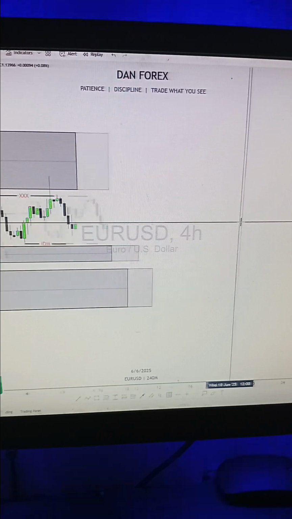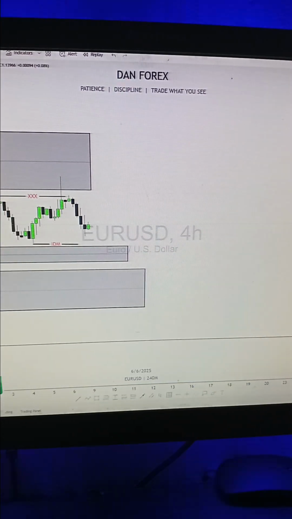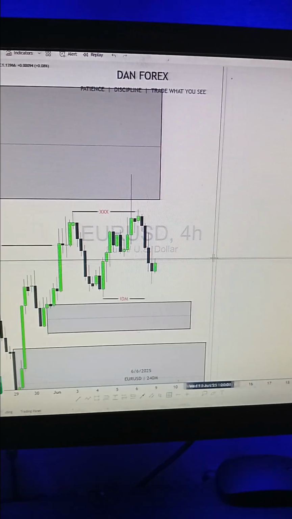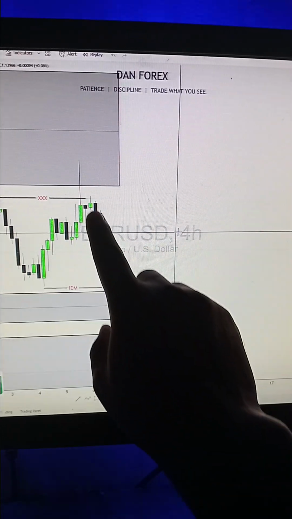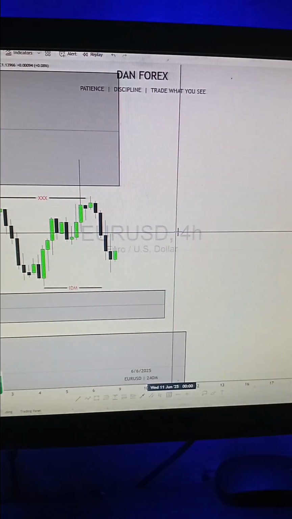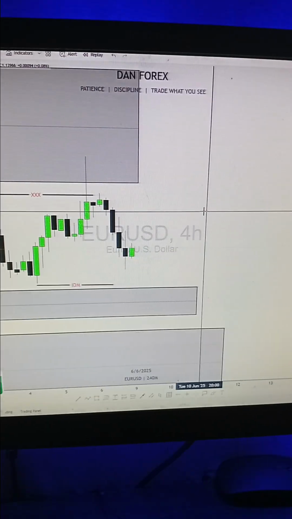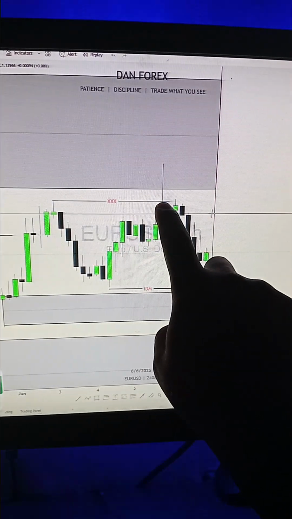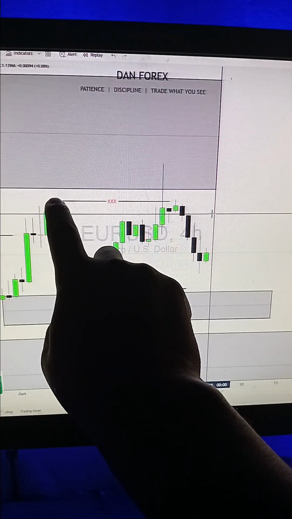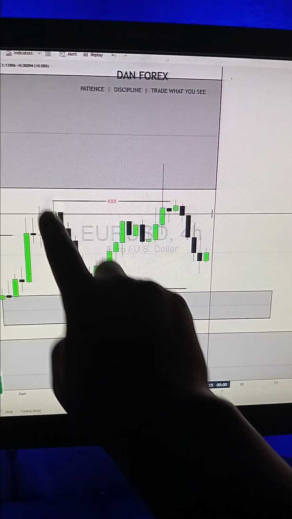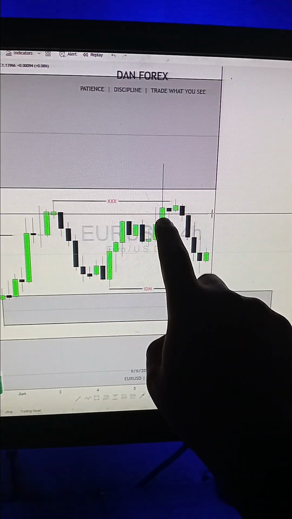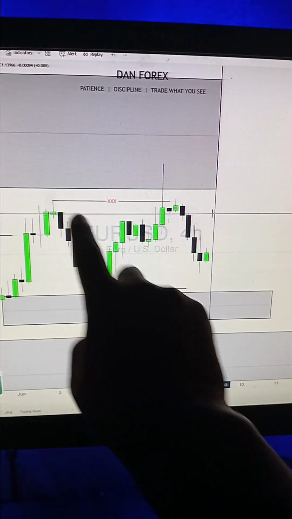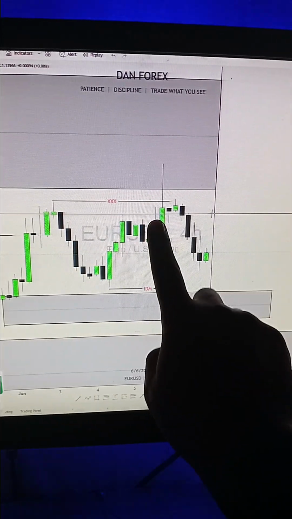Okay, so on 4 hours, let's now go back to where we took these sells, right? So these sells came in like this. Remember, this is the sweep of the Tuesday candle high, all right? And this sweep was on Thursday, which managed to sweep the Tuesday candle's high and close inside the range.